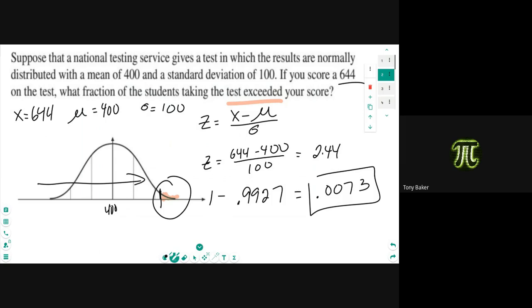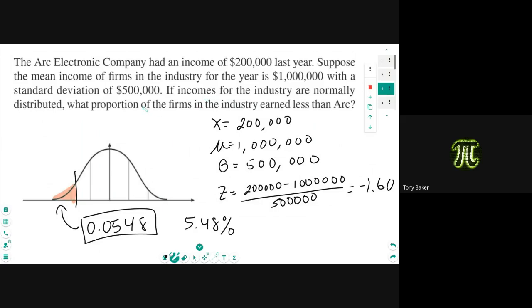So if you're looking for the right side of the graph, that's where you're going to do the 1 minus. When you're looking at the left side, the table tells you that answer. So in this question, if it asked what portion of the firms earned more than ARC, I'd have been looking at this section over here, and then I would have done the 1 minus it to get that answer.